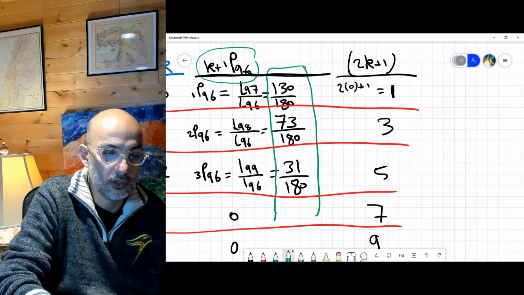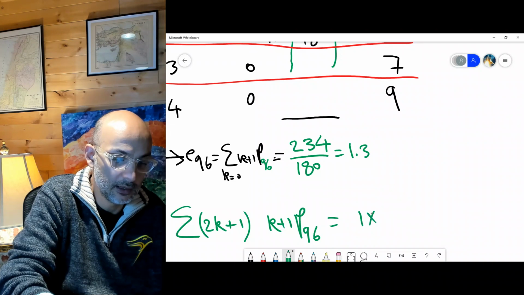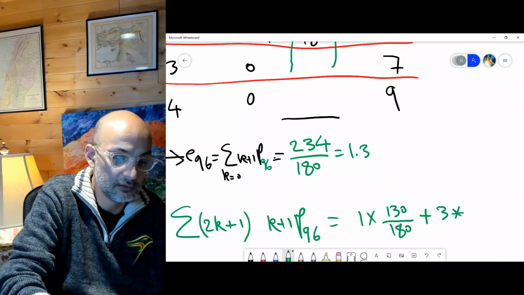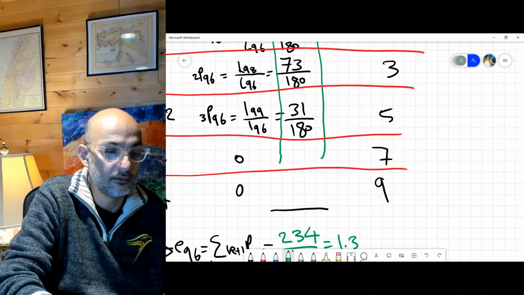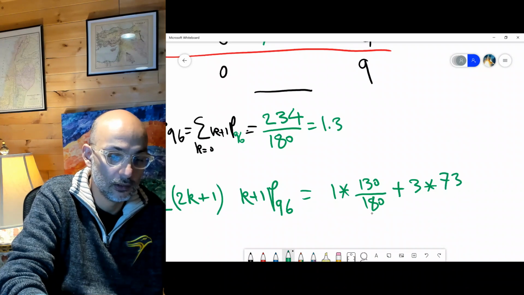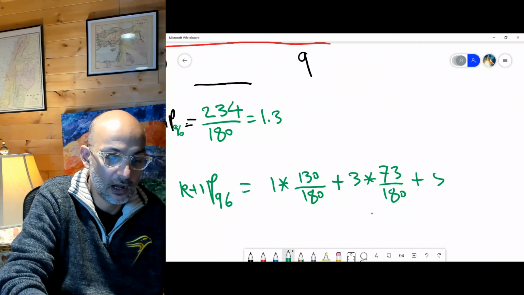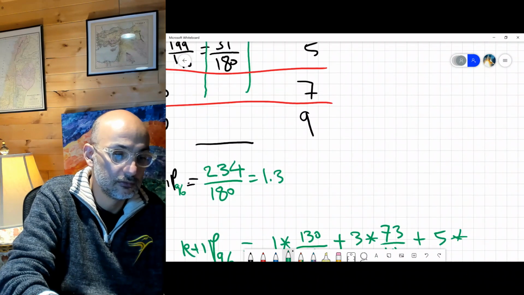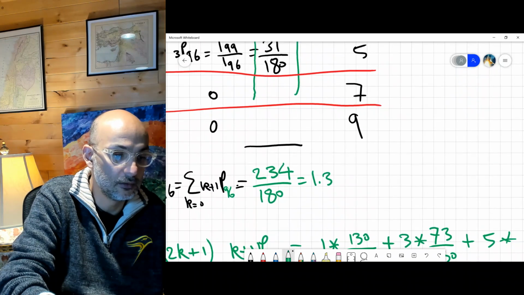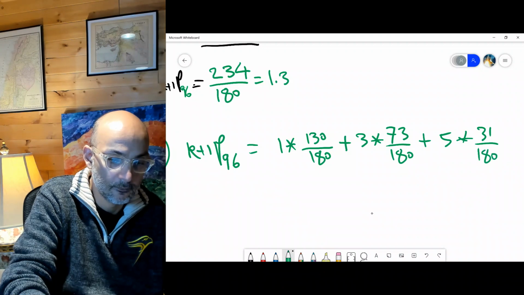So now we take 1 multiplied by 130 over 180, then plus 3 multiplied by 73 over 180, plus 5 multiplied by 31 over 180, plus 0.